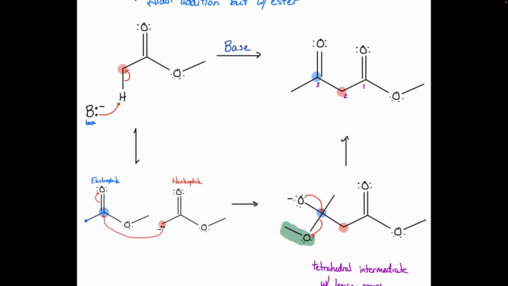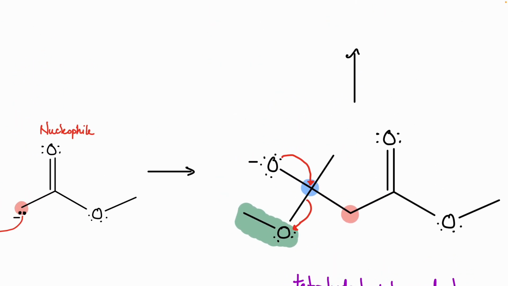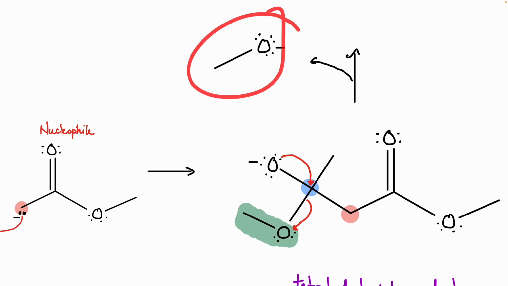All right, and I said that we were going to talk about our base that we use for these reactions. So importantly, let's note that our other fragment here, our leaving group that gets kicked off, is one of these alkoxide ions. And these alkoxide ions here are themselves good bases.